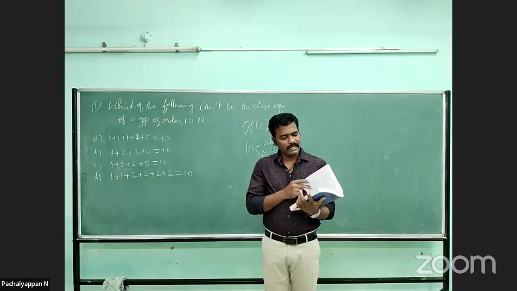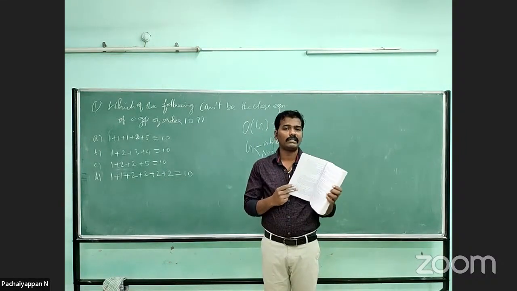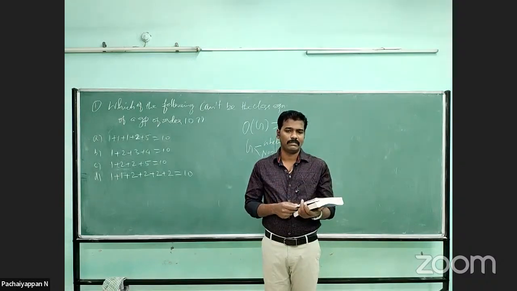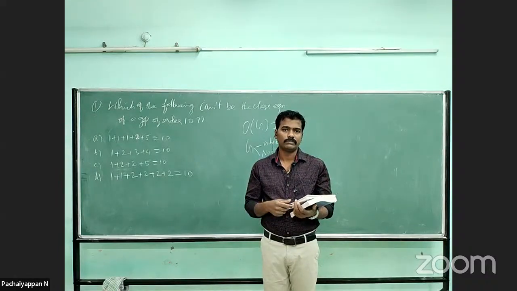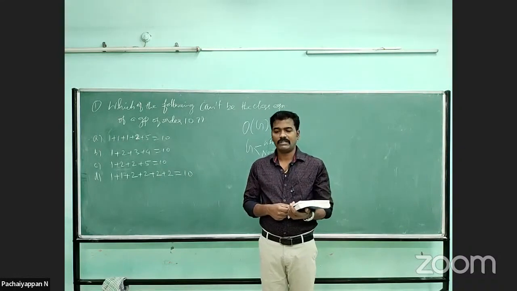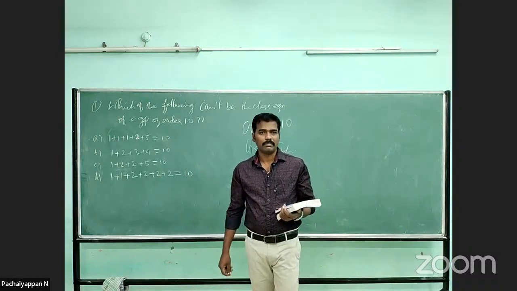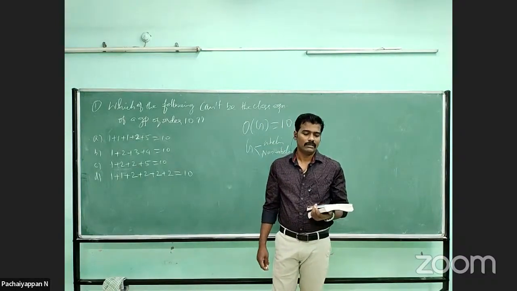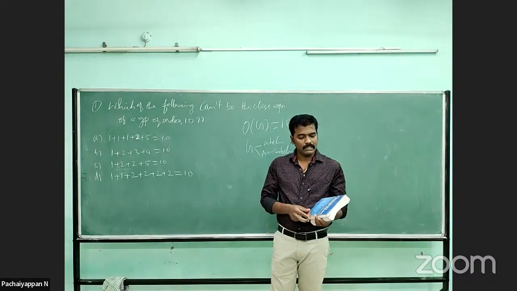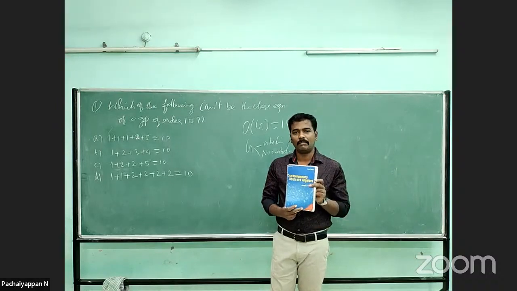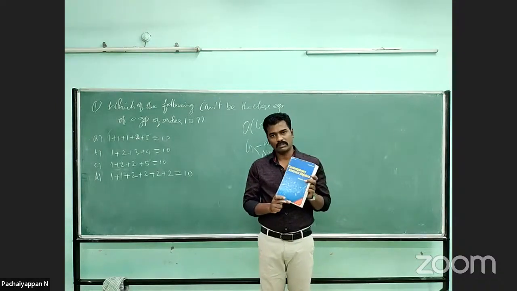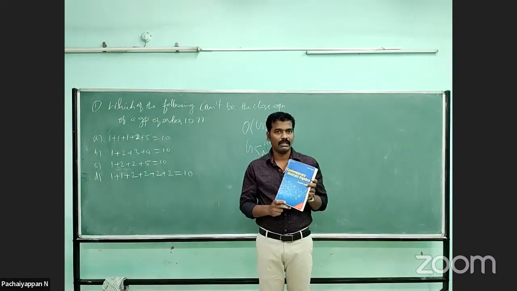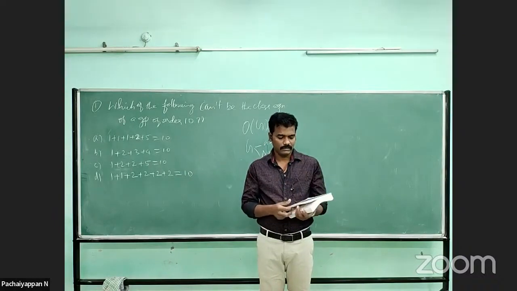This author gives a lot of exercises compared to other books. Actually, here we are following most probably the University of Madras book. But from the exam point of view, this is the best book you should follow. It will help you qualify the exam very quickly.